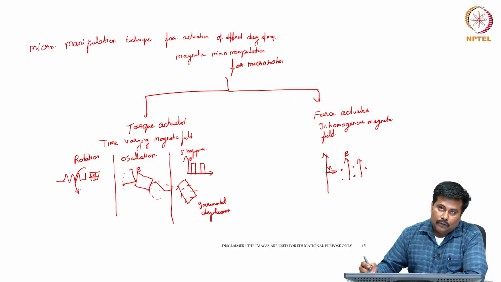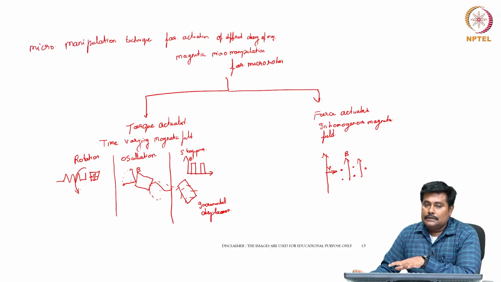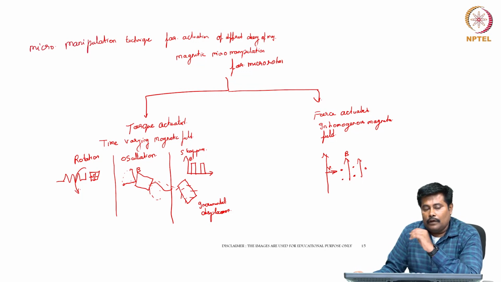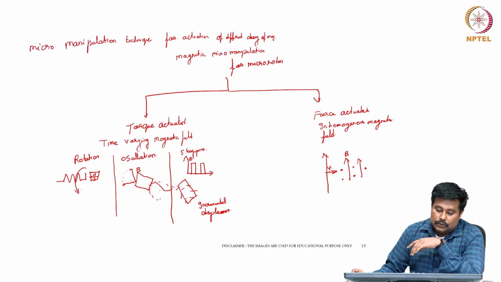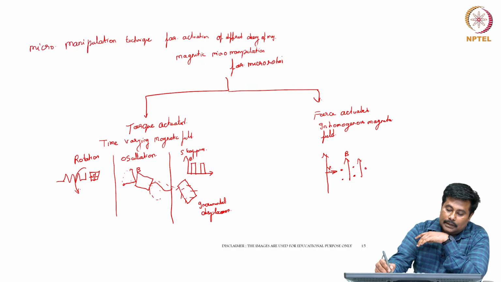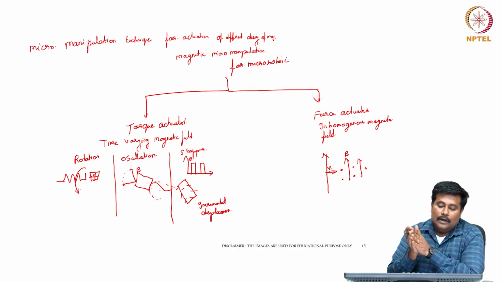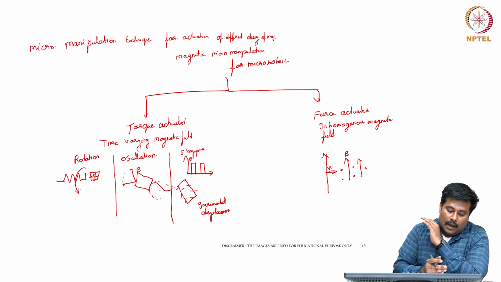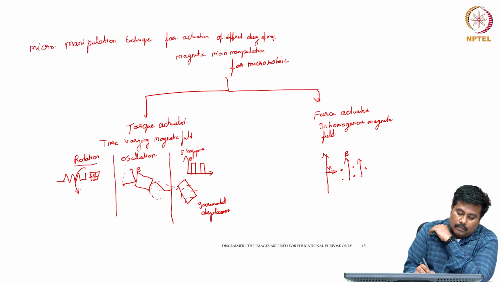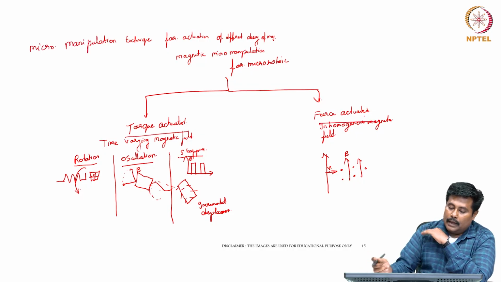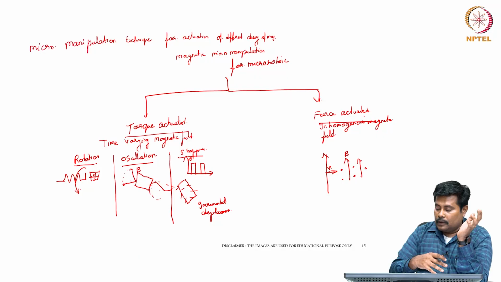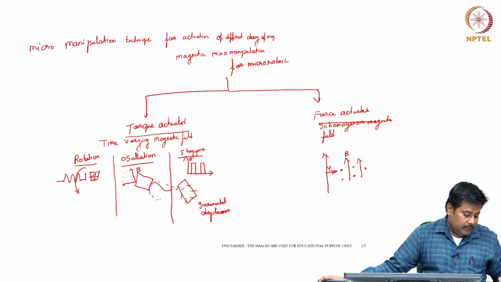So, as far as these force actuators are concerned, these are efficiently used for different biomedical related applications. It has a potential application towards biomedical related domain. So, these are some of the basic comparison, basic classification with reference to magnetic micromanipulation for micro robotic system, and based on the manipulation capability appropriately they are classified as torque actuated and force actuated.